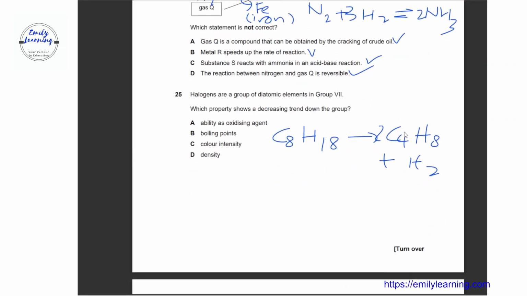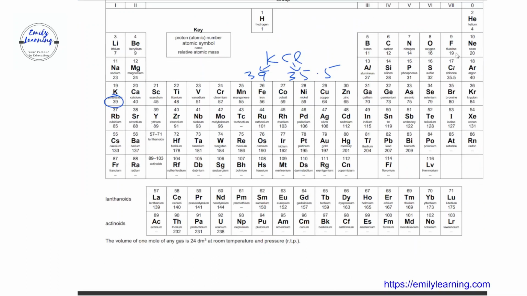Now let's move on to question 25. Halogens are a group of diatomic elements in group 7. Which property shows decreasing trend down the group? So they are asking for the decreasing trend down the group. So ability to act as oxidizing agents. If you look at this, F forms F minus very readily. In other words, it gets reduced very readily.